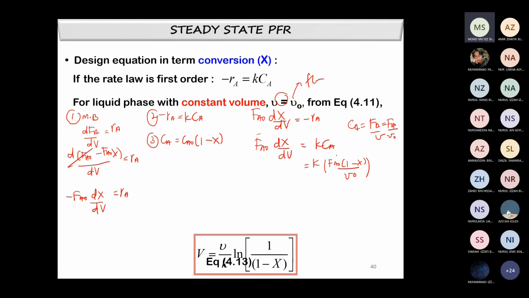So kita jadikan dia K CA0 (1 minus X), FA0 dX over dV. Daripada sini kita boleh jadikan dia K CA0 over FA0 times (1 minus X) equal to dX over dV.